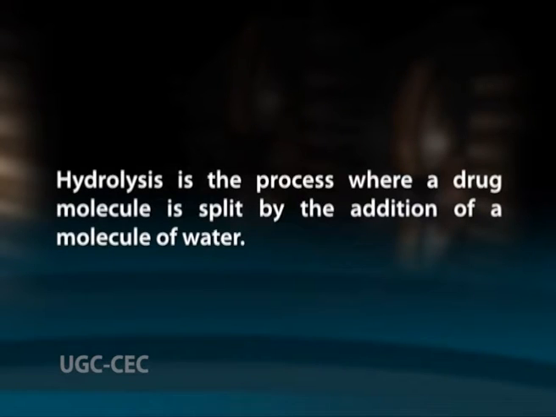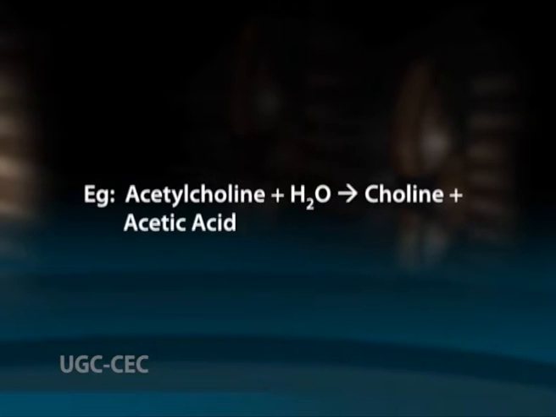Hydrolysis is the process where a drug molecule is split by the addition of a molecule of water. Esterases, amidases and peptidases catalyze hydrolytic reactions. Example, acetylcholine plus water gives choline plus acetic acid.